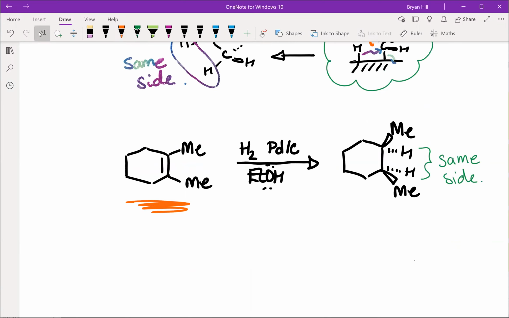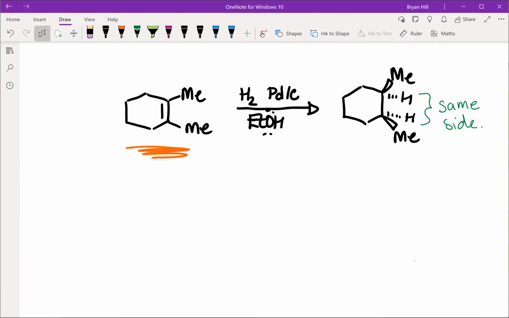Now, there's some sort of added evidence to support this, in that if you are at the surface of a metal, so this is the metal surface, and you're the alkene, the reactive part of the molecule, the alkene, this is trigonal planar, right?